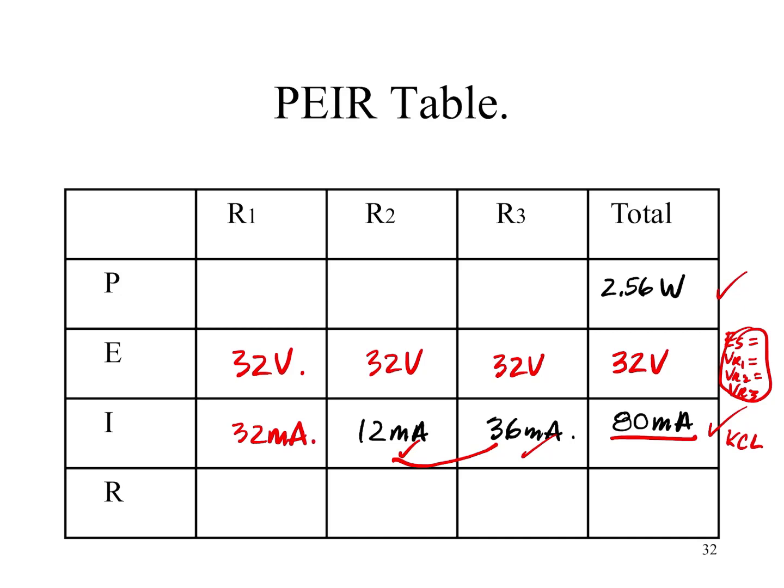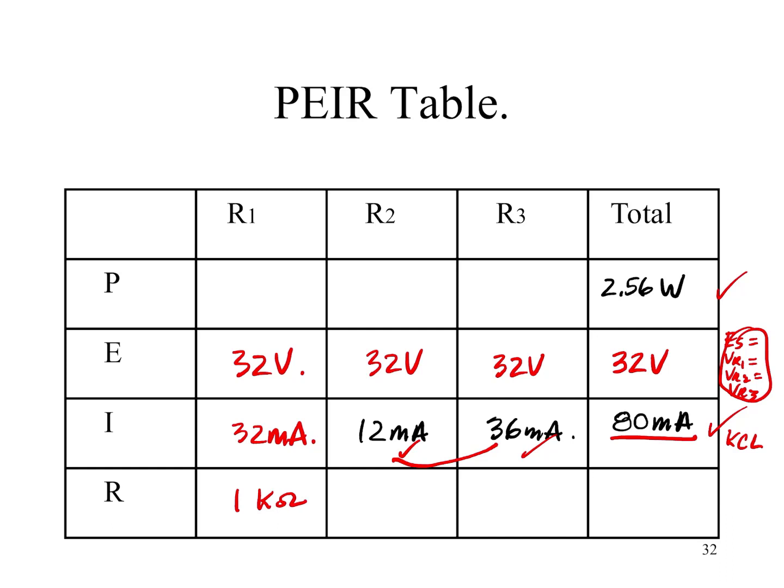From there, then, you can work down by division to determine each one of your branch oppositions. So branch 1 is going to be 32 volts divided by 32 milliamps, which is going to be 1 kilohm.